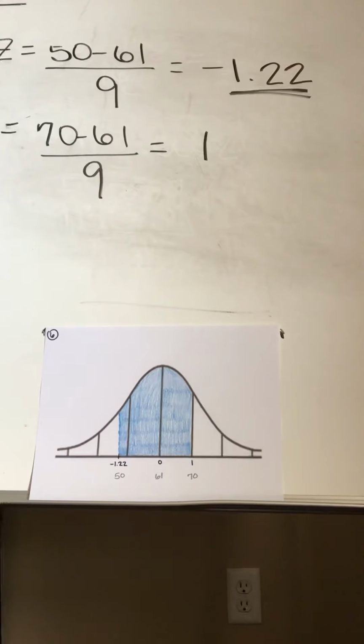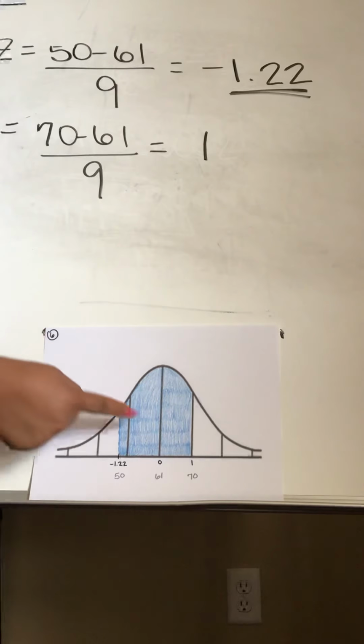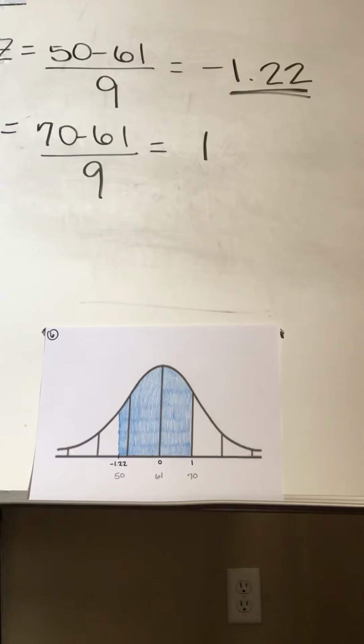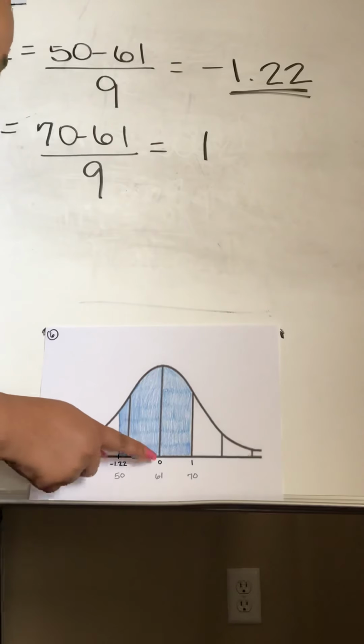That represents 70. Now, I want to know the percentage of people finish between 50 and 70 minutes. Well, that's going to include from here to here. So you're going to add these pieces together. I would hope that you could see that this is a between mean and z picture. You have between the mean of 61 and 70.